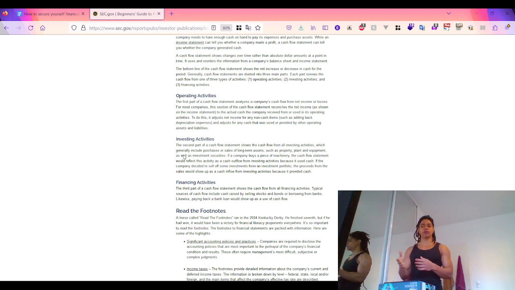It also reconciles the total amount of cash that was used or received from other operating activities.